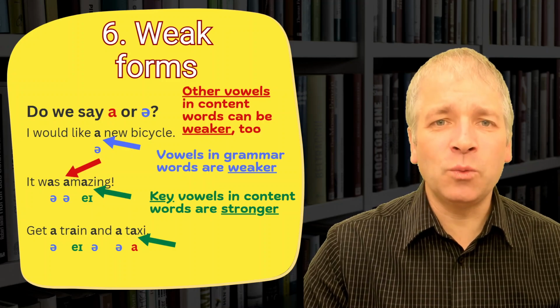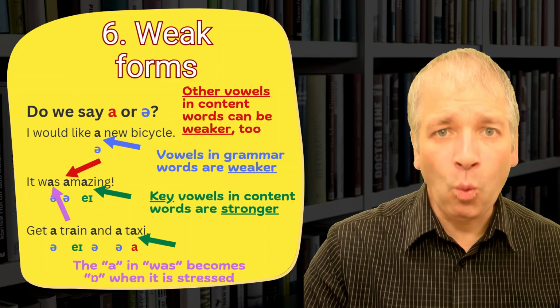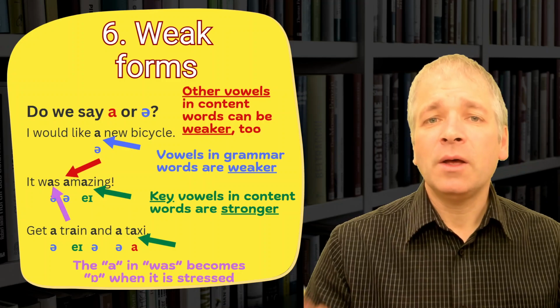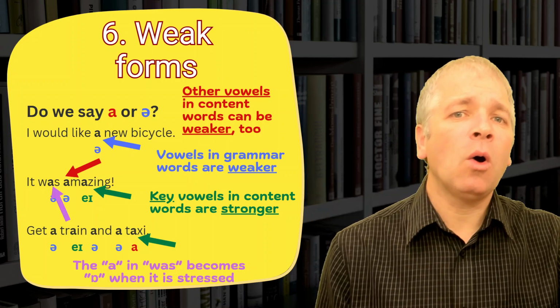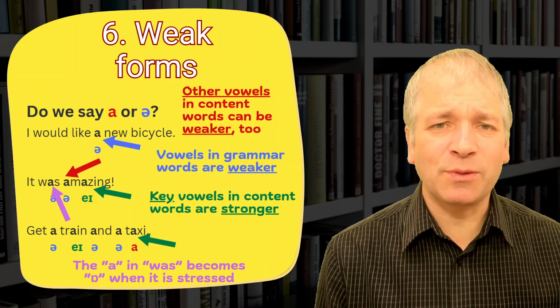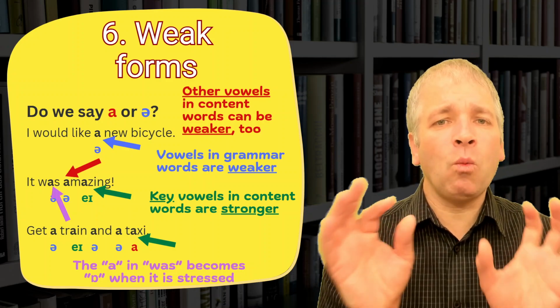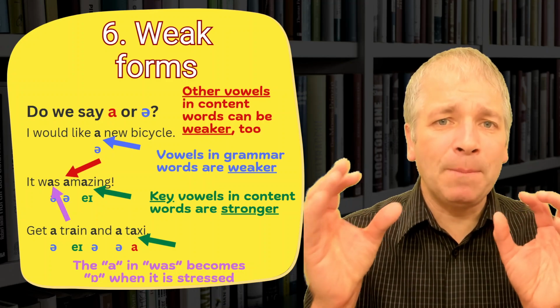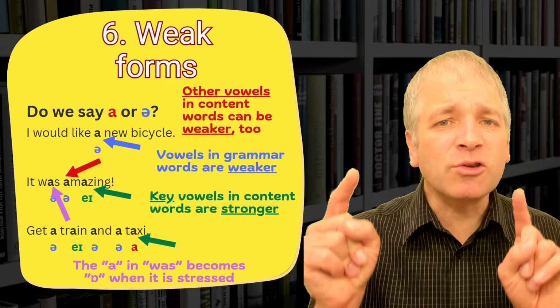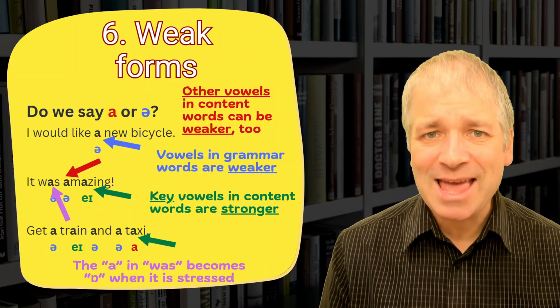Now back to was, or sometimes was. This word can go either way. It can be stronger or weaker. Why is that? Well, sometimes was is an important word. And when it becomes important, then we need to stress the letter A here.